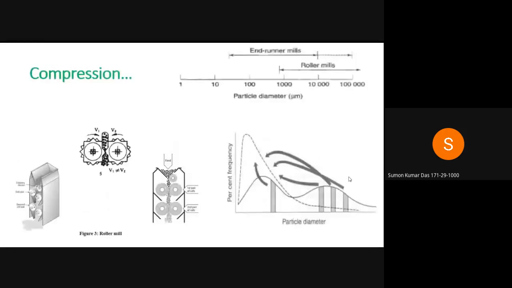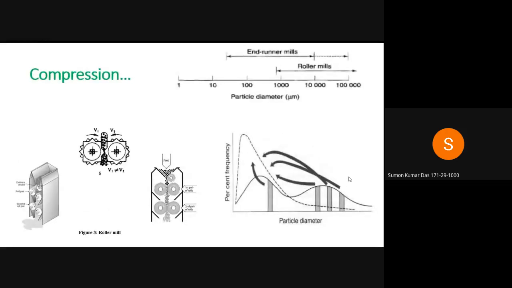Now compression. Compression is a type of process where two rotatory devices, a first pair of rolls and a second pair of rolls, are used. At the initial stage they compress, and at the final stage they compress a second time.